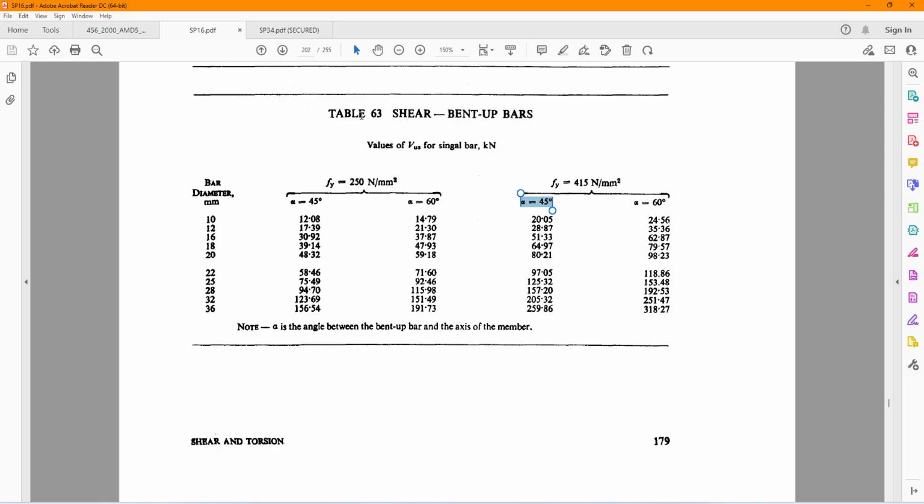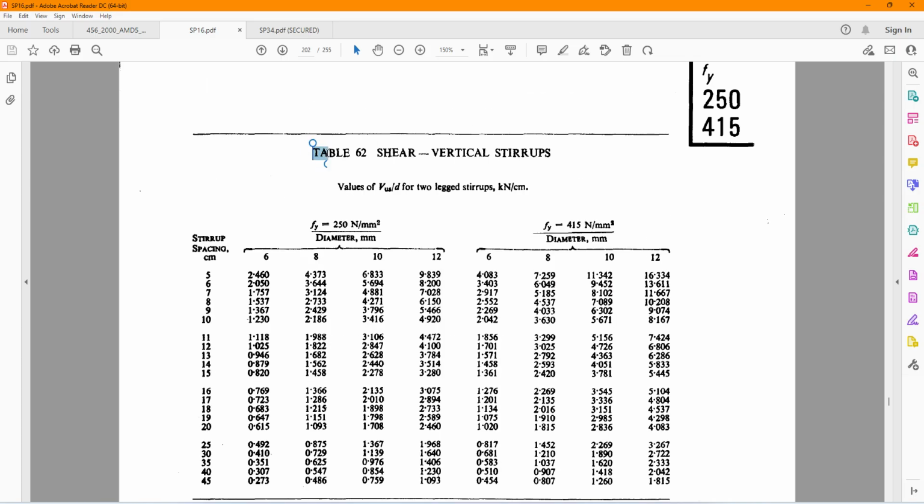I think table 62. Yes, this is table 62. Shear vertical stirrups, values of Vus by d for two-legged stirrups in kilonewton per centimeter. So first you have Fy 250, next column will be for Fy 415. Stirrup diameter will be 8 mm.